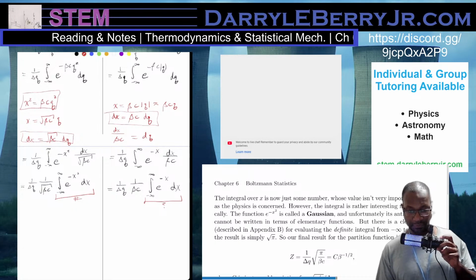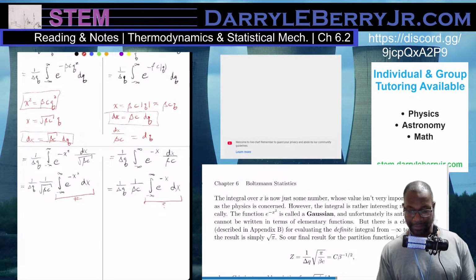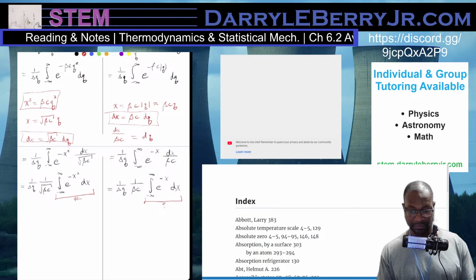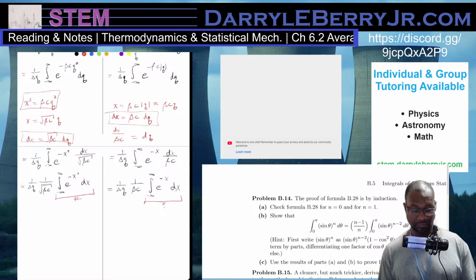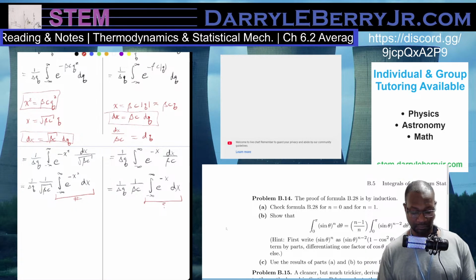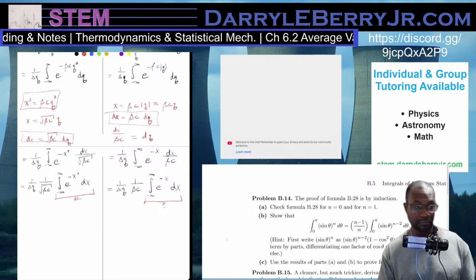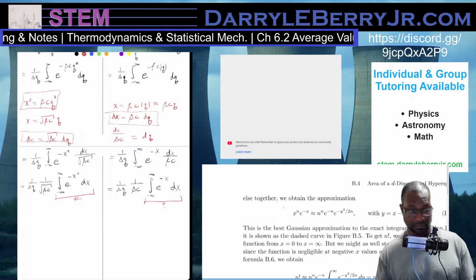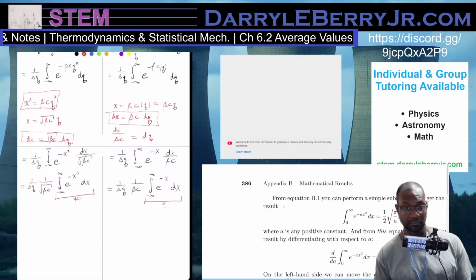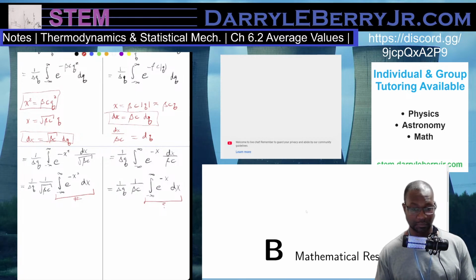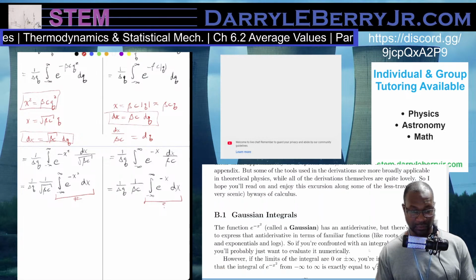That gives the solution for a Gaussian in Appendix B. This is worthwhile to take a look at real fast. Gaussian integrals, e to the negative x squared.